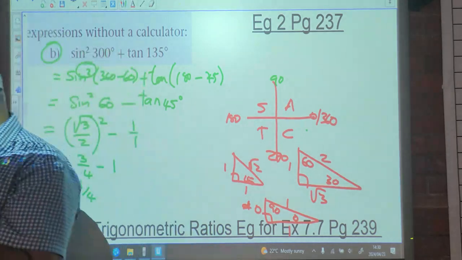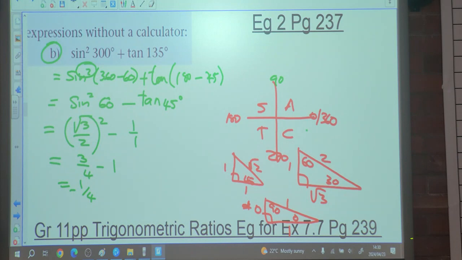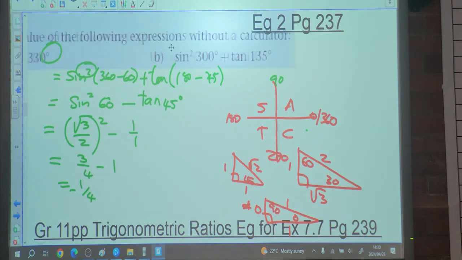Okay, any confusion there? Any confusion, people? Right.